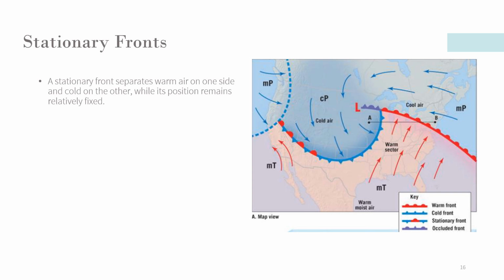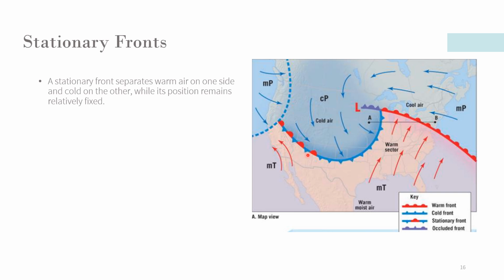And as you can see here, the stationary front is represented by these blue triangles pointing towards the warm air, and red semicircles pointing towards the cold air. So the cold air is colored here in blue, and the warm sector is in red.